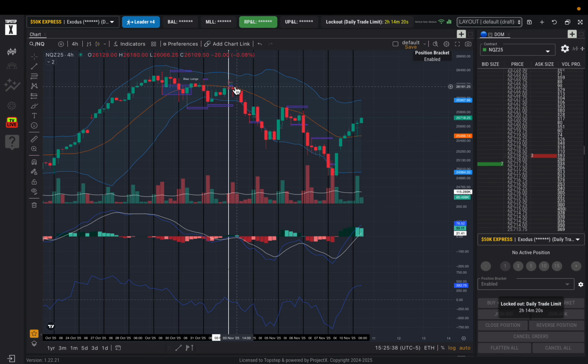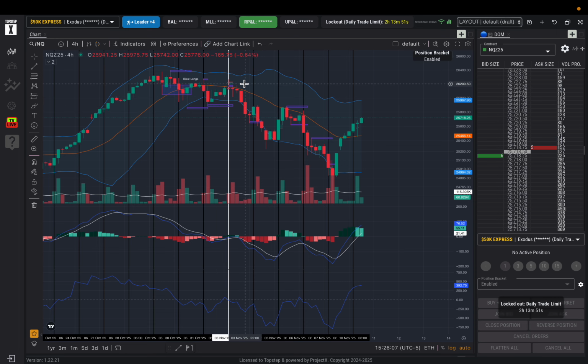See here, when I was going through here on the 3rd of November, I was mainly looking for shorts. As you can see, I was looking for that respect on the Bollinger Bands. I usually use the Bollinger Bands for determining bias and overall direction on the higher time frames.